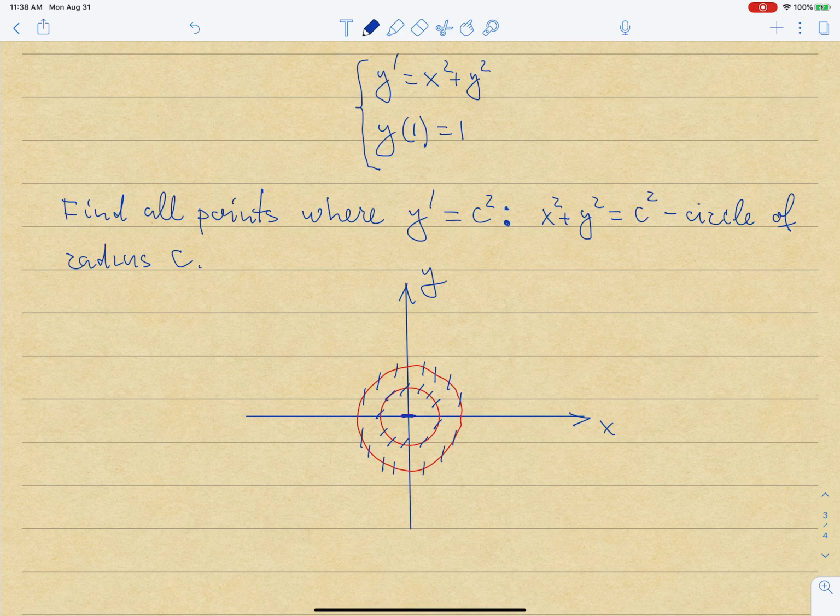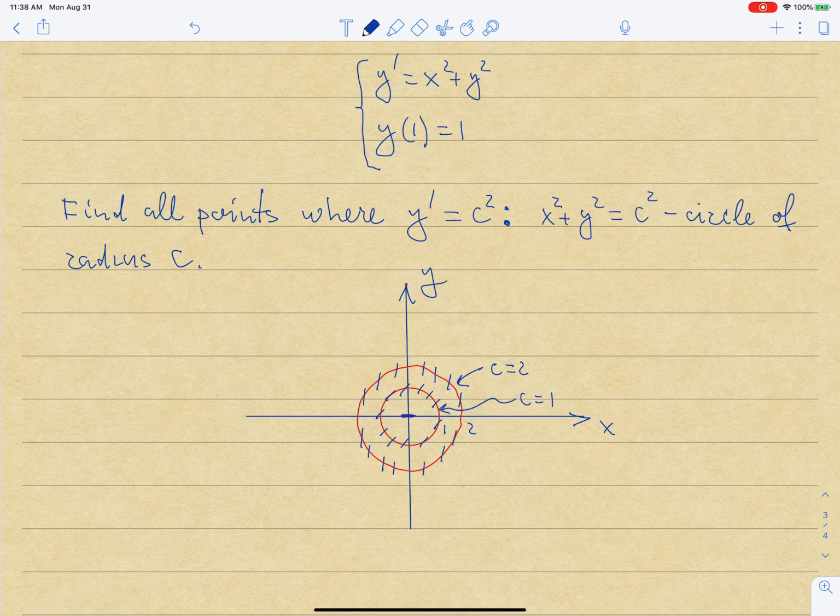And so the conclusion from this, I'm not going to draw any more curves here. Let me just label these. This is c equal to 2, and that's a circle of radius 2. This guy is c equal to 1.